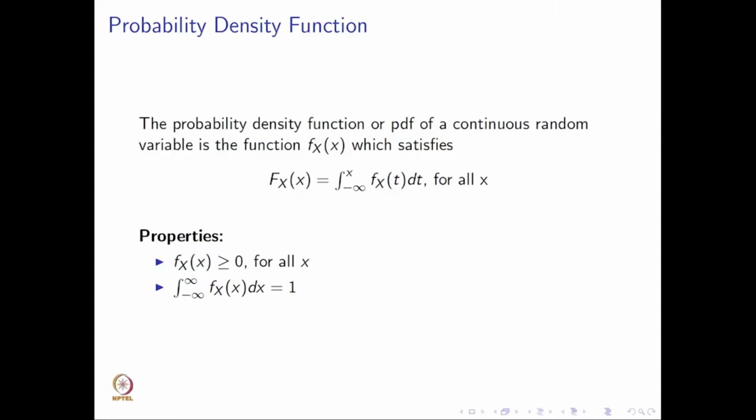The integral from minus infinity to x of fX(t) dt is equal to the cumulative distribution function at the point x. Similar to the PMF, the probability density function should also satisfy the following properties. First of all, the probability density function should be non-negative for all values of x. Second, integrating over the entire range, the probability density function should sum to 1.